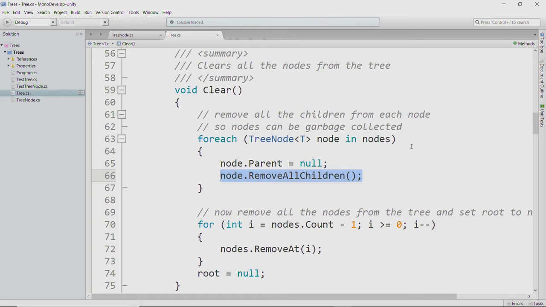It turns out that because each node can only have a single parent, we're only going to remove n children in total across all the iterations of this loop. So we don't have to multiply an order n here times n here to get order n squared. It actually turns out that this is order n. So because this is order n, and this is order n, and this is constant time, clear is an order n operation.